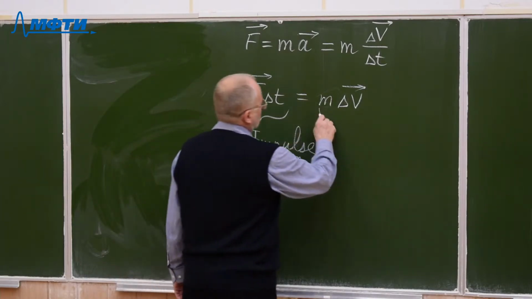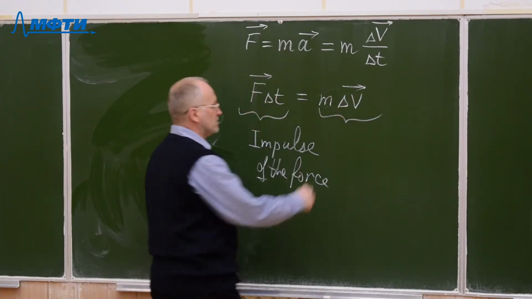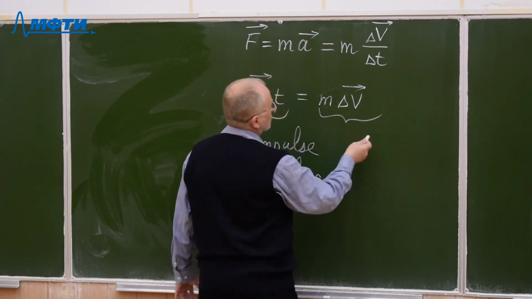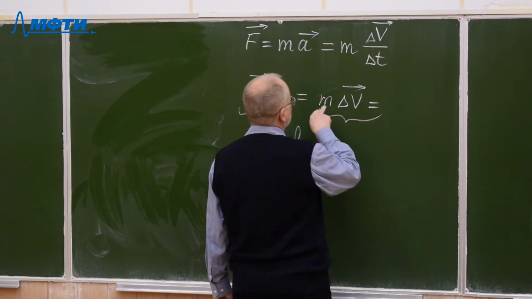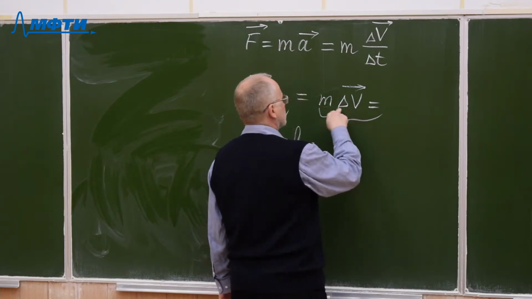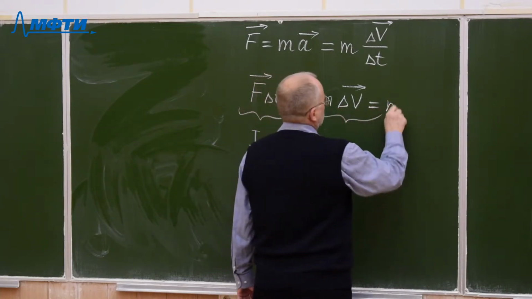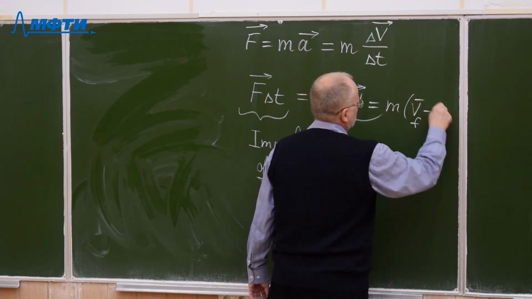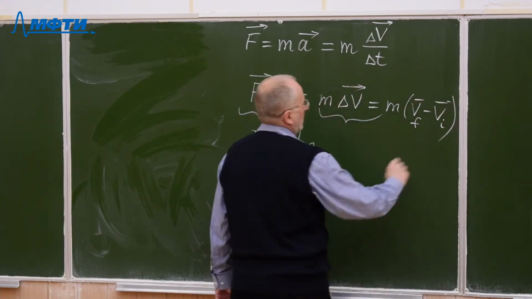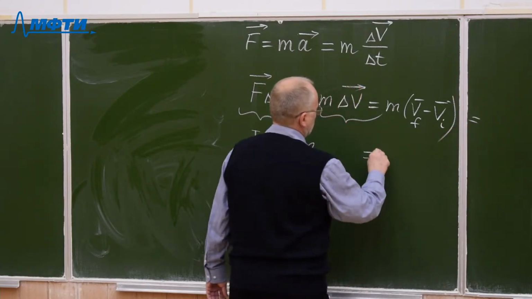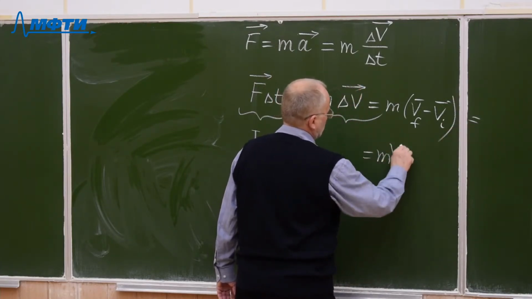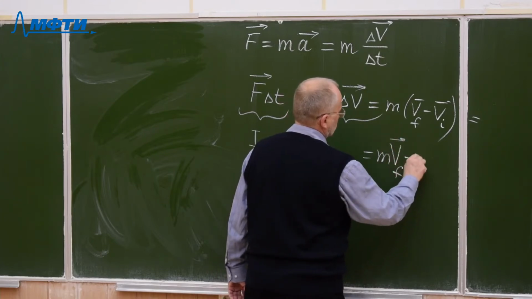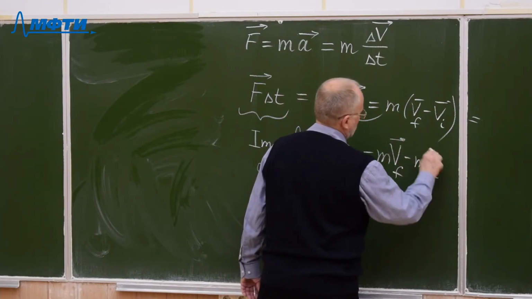And this quantity is called momentum, a change of momentum. Delta v is the change in velocity. So delta v is the final velocity minus the initial velocity. And so all this is mass times final velocity minus mass times initial velocity.